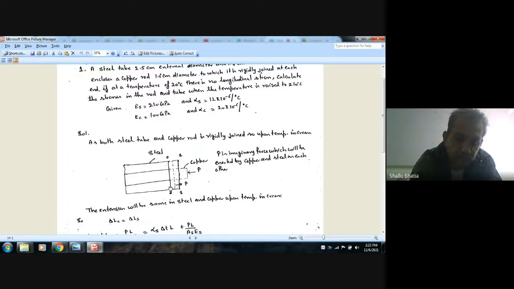Now the copper is subjected to thermal stress and compressive stress.